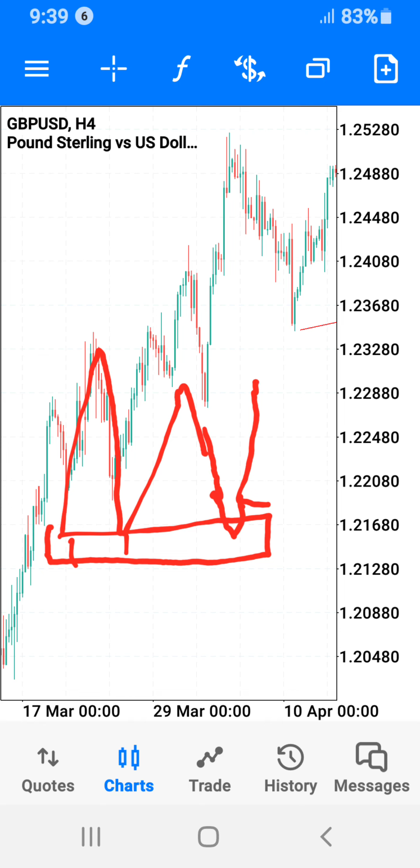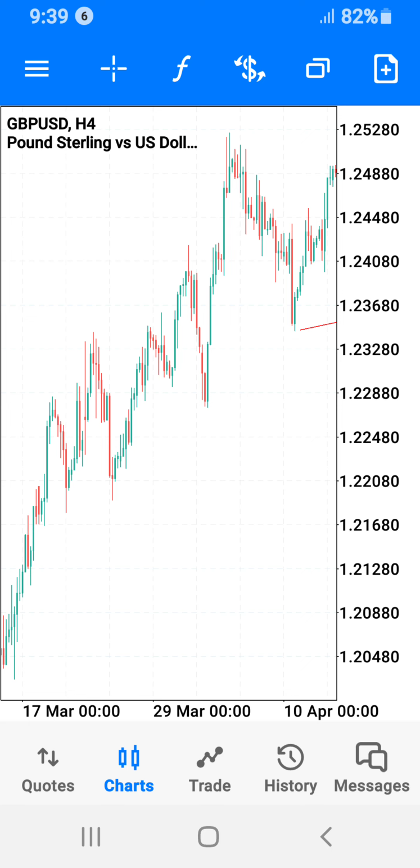And also we'll be watching these levels. Okay, so that's what we are looking for at this point.